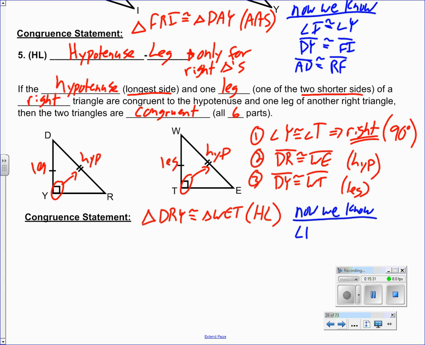We know that angle D and angle W will be congruent. We know that angle R and angle E will be congruent, and we know that the missing sides that aren't labeled right now, side YR and side TE, will also be congruent.